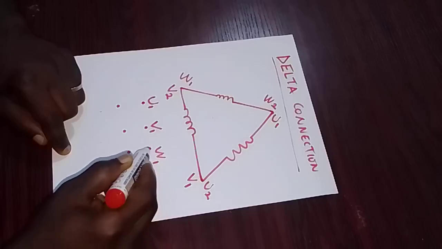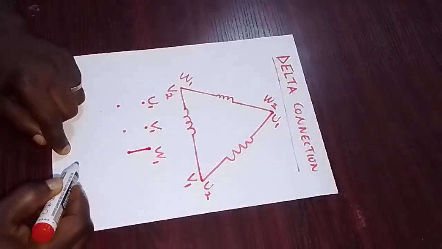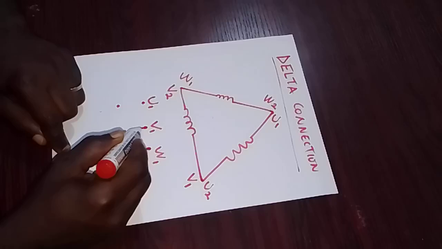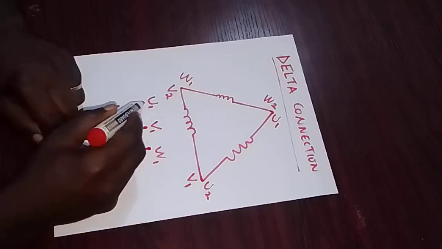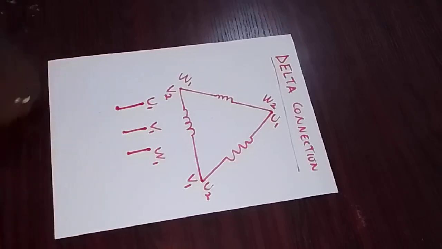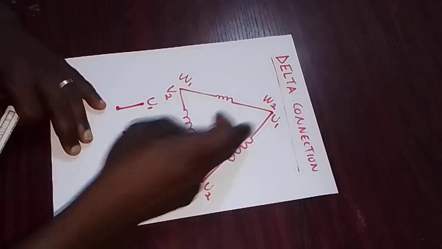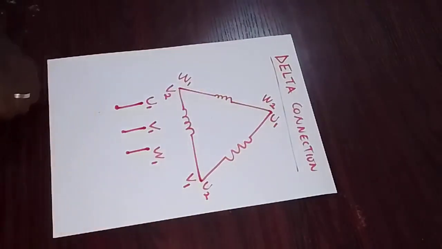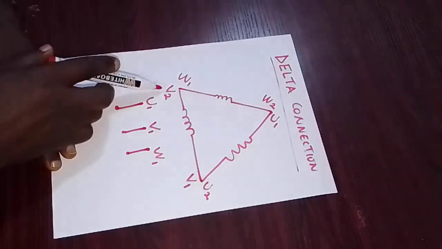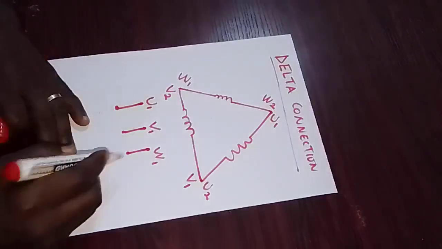The strip from here goes to the terminal directly opposite it, the strip here to the one directly opposite it, and the strip here is connected to the terminal directly opposite it. What should that inform you? From what we did here, if you check where we have our W1, the next terminal that is attached to W1 is V2.